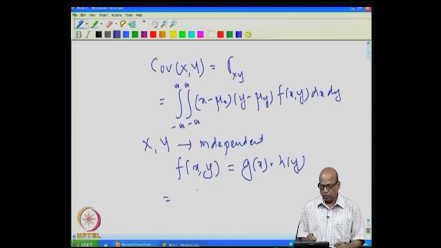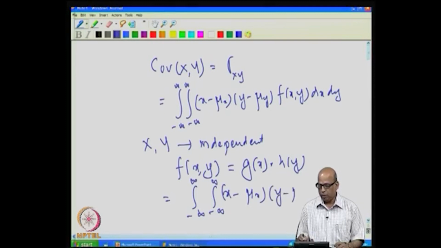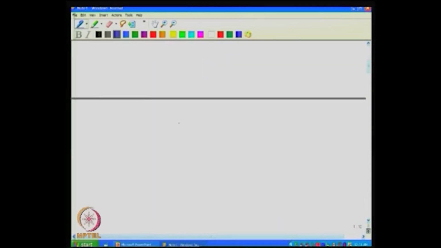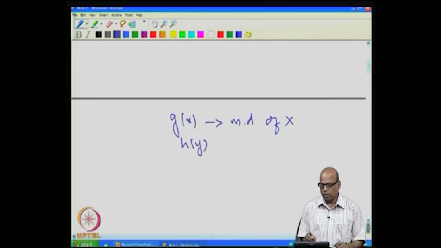So, what do we write? This will be the double integral from minus infinity to plus infinity, x minus mu x we keep as it is, y minus mu y we keep as it is, and in place of f of x y I will write g of x into h of y, where g of x is the marginal density of x and h of y is the marginal density of y.